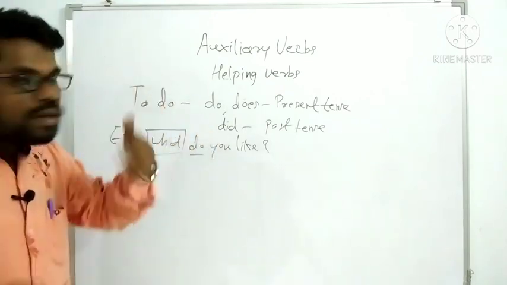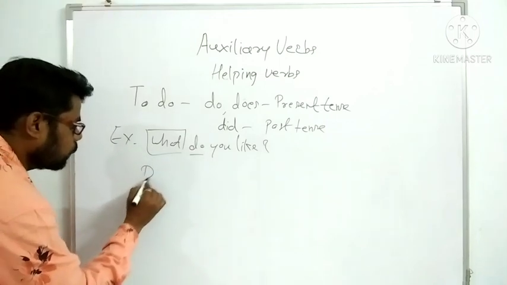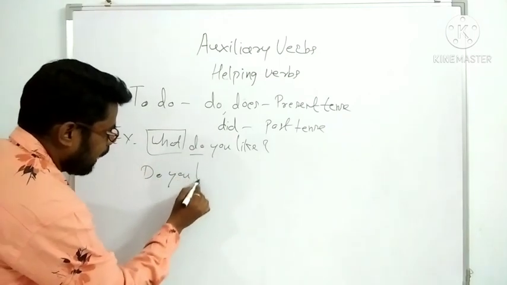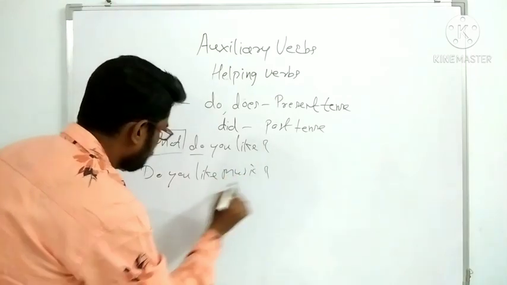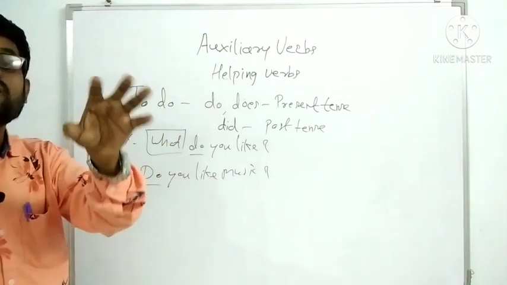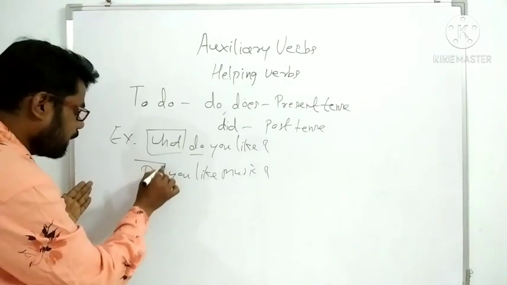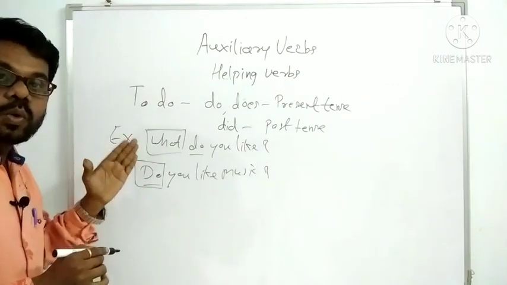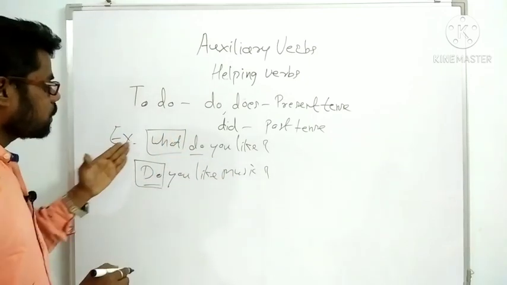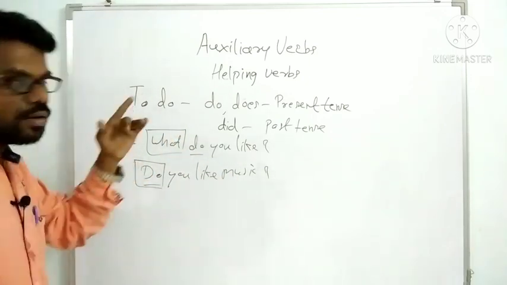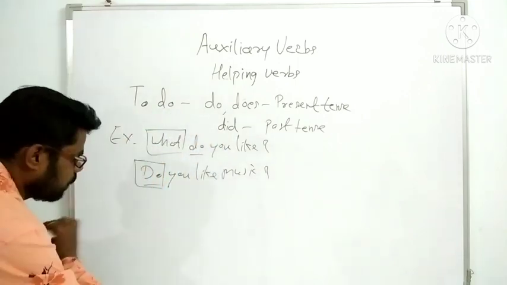What you like? We say, do you like music? See student, here it's a yes no type question. At the beginning we use do, then a subject. Then we make such a yes no type of question. Okay, see the negative sentence.